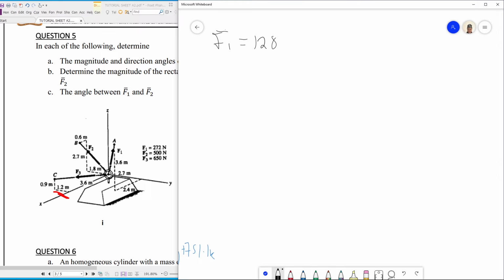Now the unit vector in the direction of B, we calculated it to be, I'm remembering, yes, 0.1818 I minus 0.5455 J plus 0.8182 K. So we have these two.